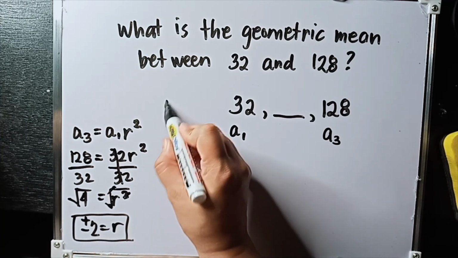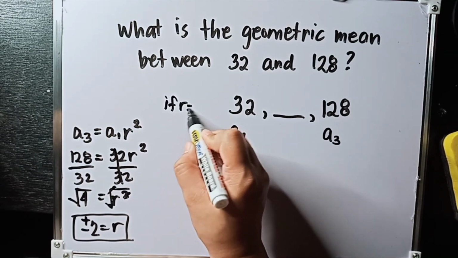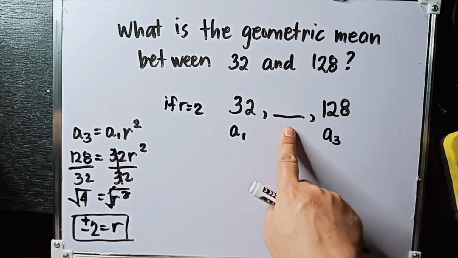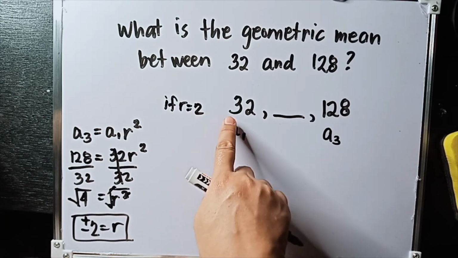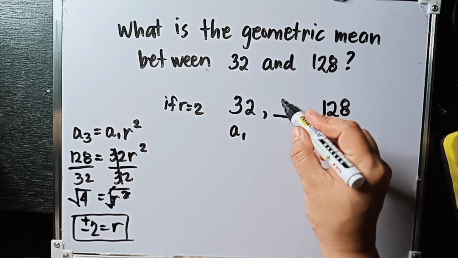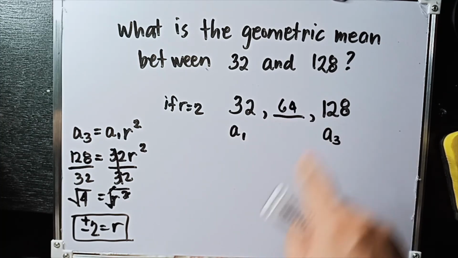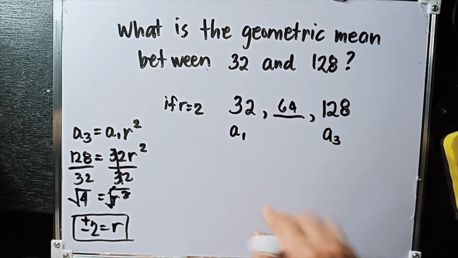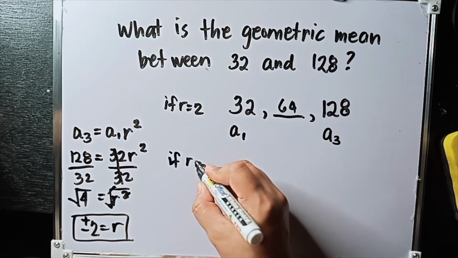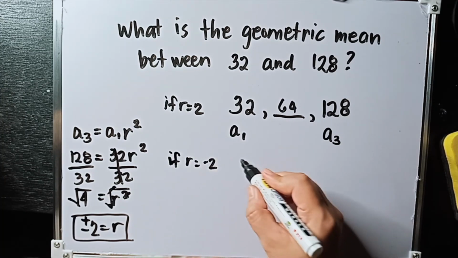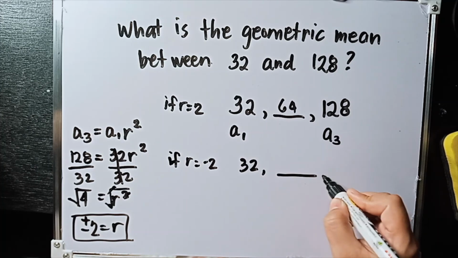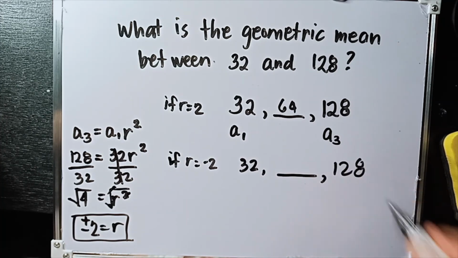So let's try if the ratio is positive 2. What would be the geometric mean? So 2 times 32 is 64. 2 times 64 is 128. What if r is negative 2? So this will look like that.